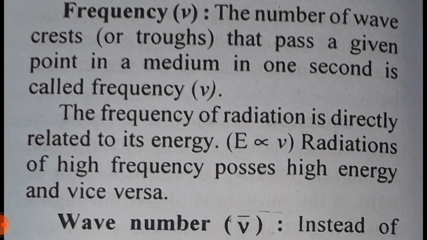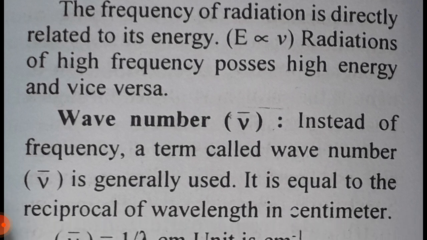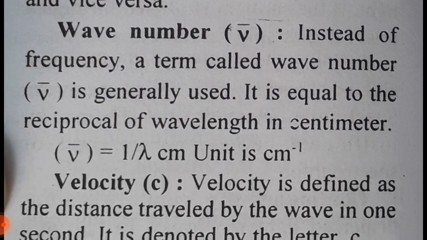Frequency nu. The number of wave crests or troughs that pass a given point in a medium in 1 second is called frequency. The frequency of radiation is directly related to its energy. E is directly proportional to nu. Radiation of high frequency possesses high energy and vice versa.